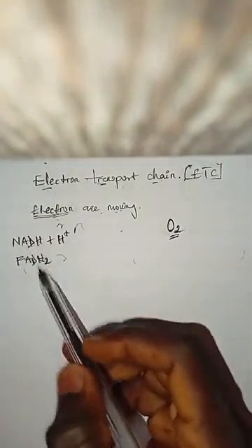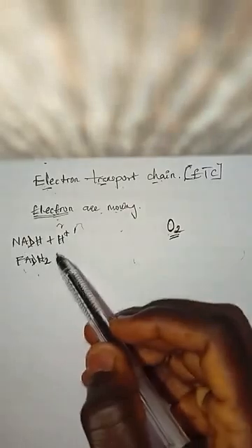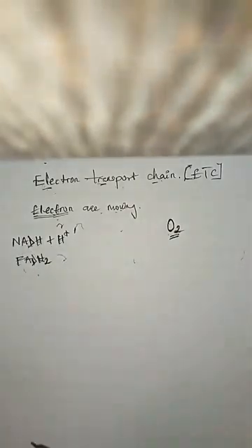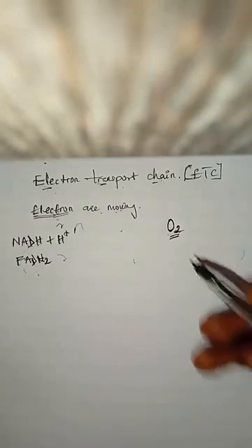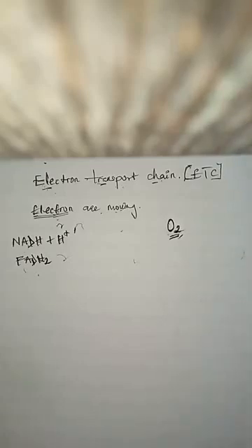These two molecules are the source of the electrons. They are the ones whose electrons we feed into the chain. Then the electrons will be transported from one acceptor to another until we get to the final acceptor. Please get the main story.